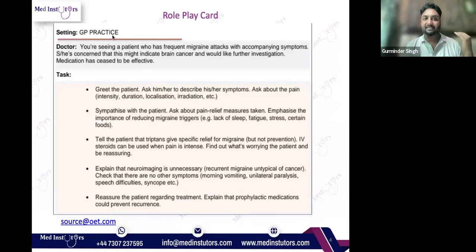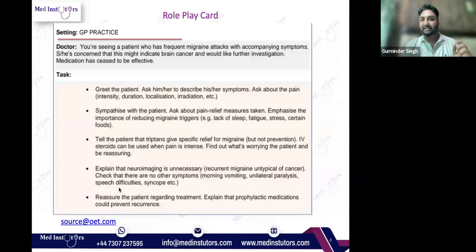So there are three parts: setting, then background information, and then tasks. We need to complete these tasks in 5 minutes. According to OET, if we have, for example, 5 bullet points and we are not able to complete all of them in 5 minutes, there will be no negative marking for this.